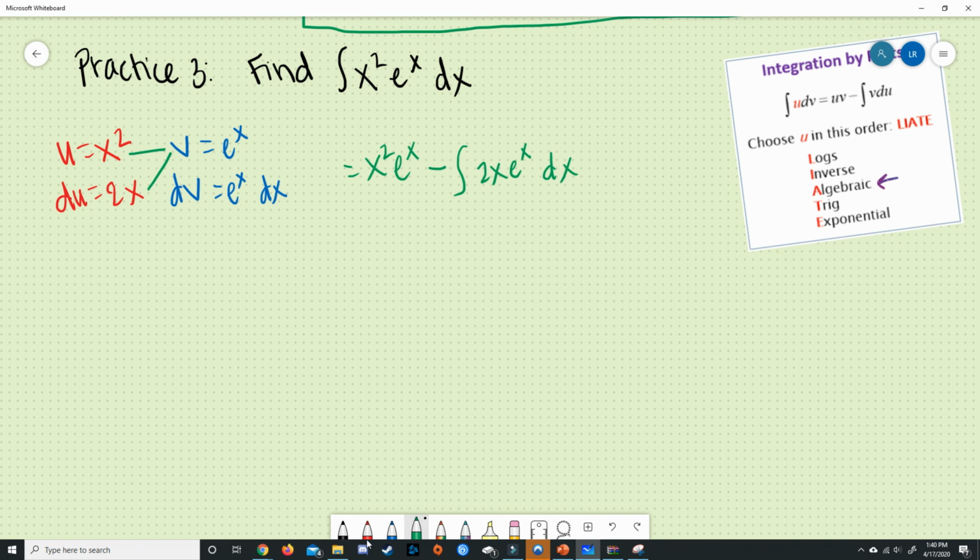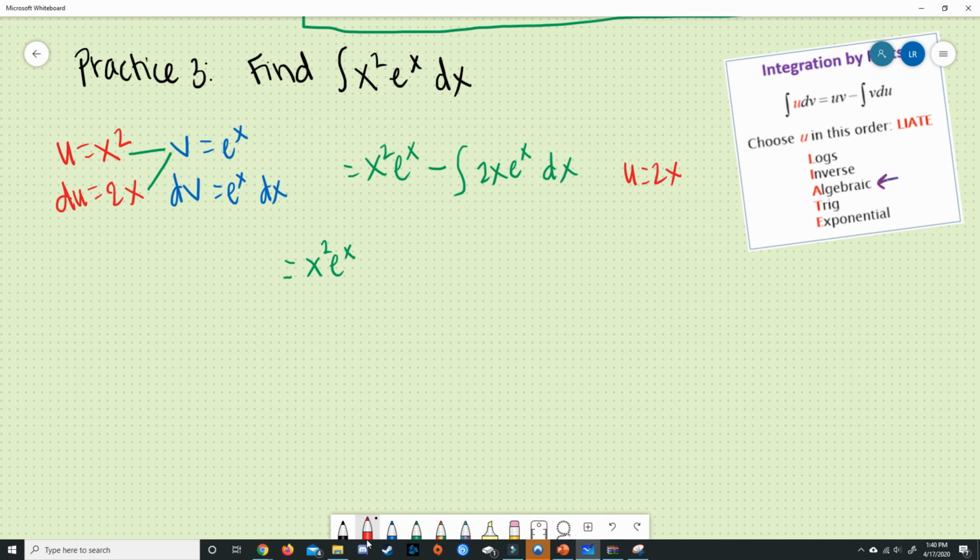We aren't done until we have dealt with the integral. Because this integral is still a product, we are going to have to do integration by parts again. But this piece is just going to get carried down with us. That piece is done, so we'll carry that one down with us, and let's go ahead and integrate by parts again.